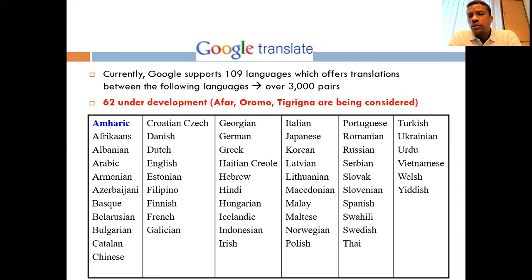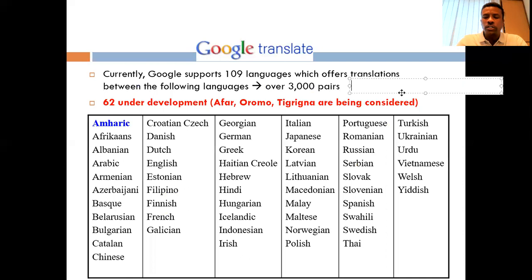And when we do that, mind you, if you simply perform a normal combination or pair between these 109 languages, it would be close to 10,000. But we know that the translation pair is not to that level. So it has over 3,000 pairs of language. But one thing that you should understand is the translation is mainly done taking English as a reference.